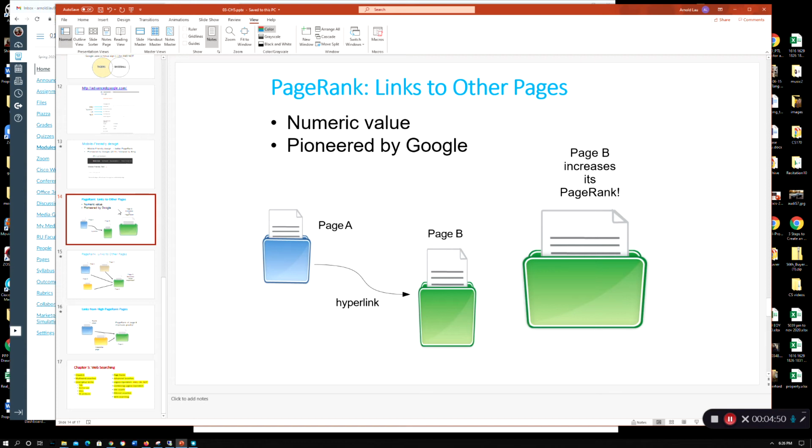Before mobile became the dominant way of accessing pages, historically, that's why it says pioneered by Google. From the early days, this is the way the ranking worked, and it still plays a role in the ranking.